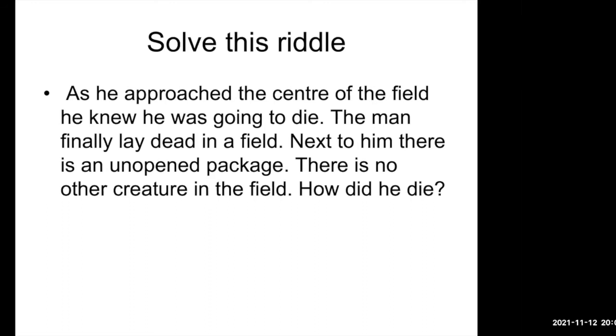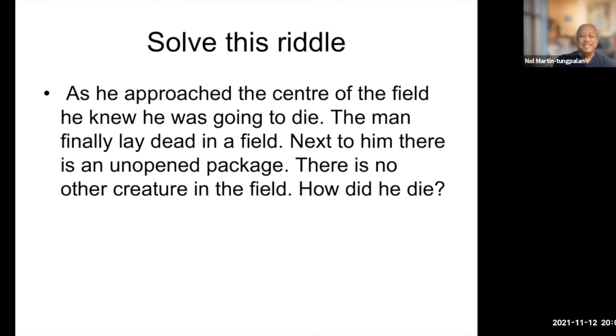If you want to take the really boring approach to this, you could just circumvent the entire riddle and just say that he walked into the field and he was already injured and going to die from a wound or some other unrelated thing, and there just happened to be a package there. You could just say that, and that would defeat the entire point of the riddle. But yeah, you could.